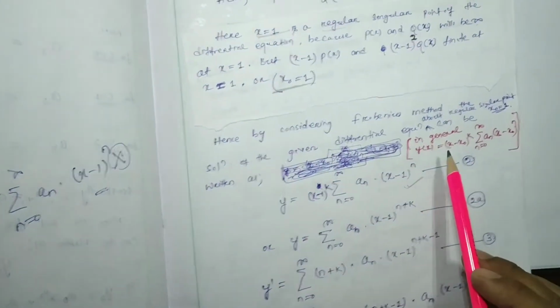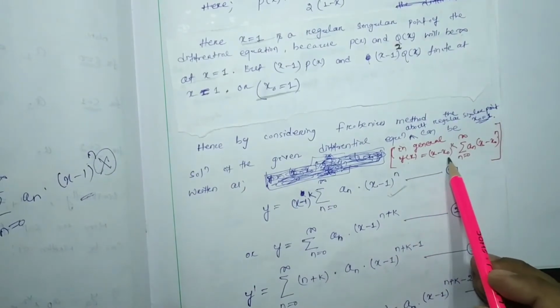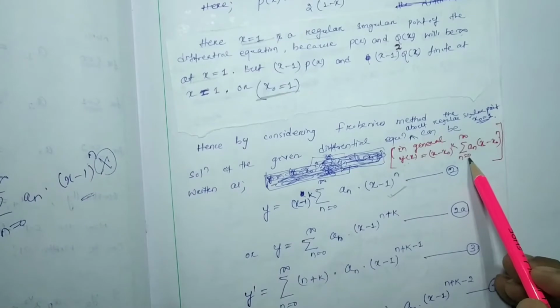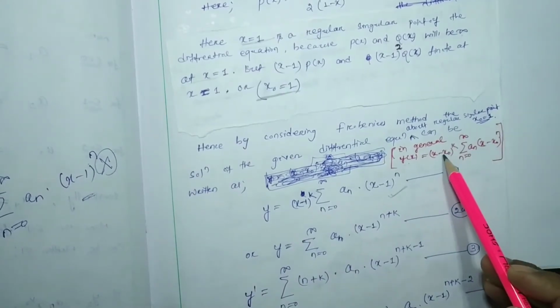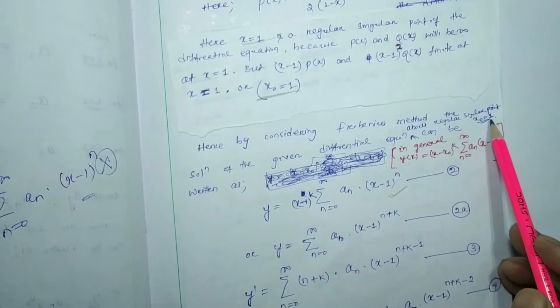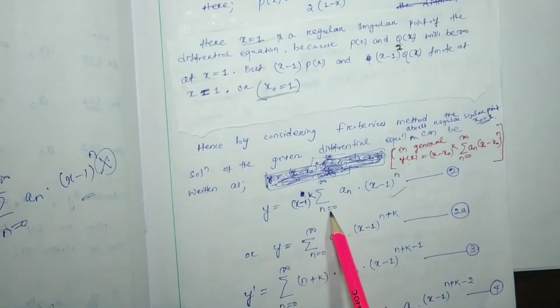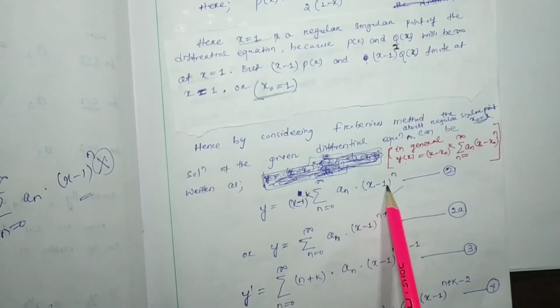In general, what we discussed, y(x) will be equal to (x minus x0) to the power k, summation over n equal to 0 to infinity an (x minus x0) to the power n. So instead of x0 we have to write 1. So it will be (x minus 1) to the power k, summation n equal to 0 to infinity an (x minus 1) to the power n.